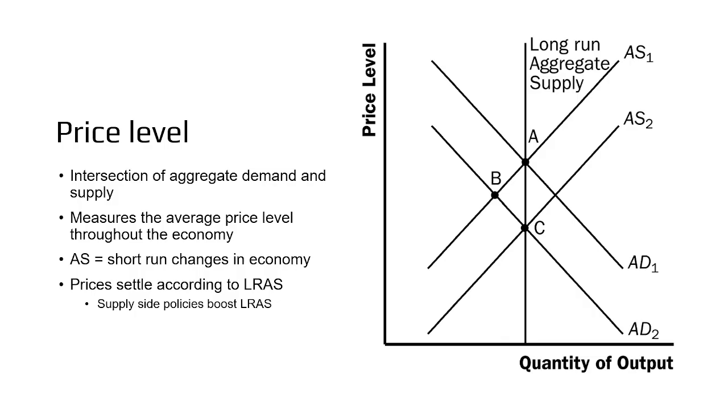Next we have the price level. Much like GDP, price level is measured by the intersection of aggregate demand and supply, and it measures the average price level throughout the economy.